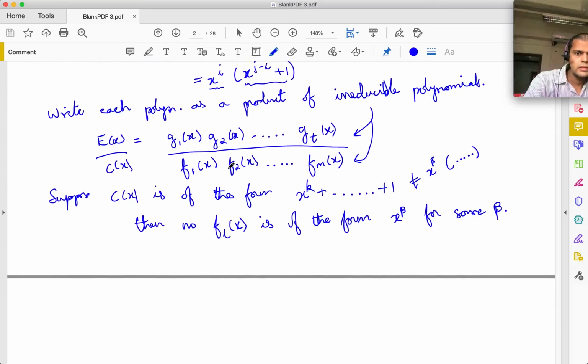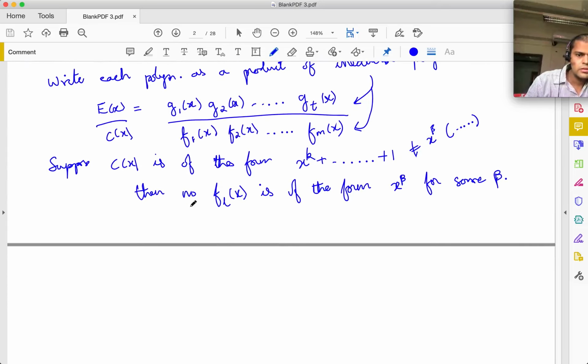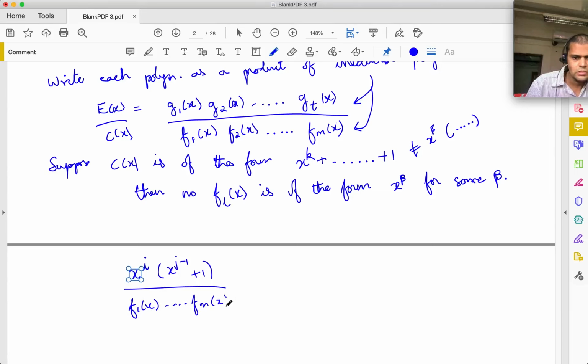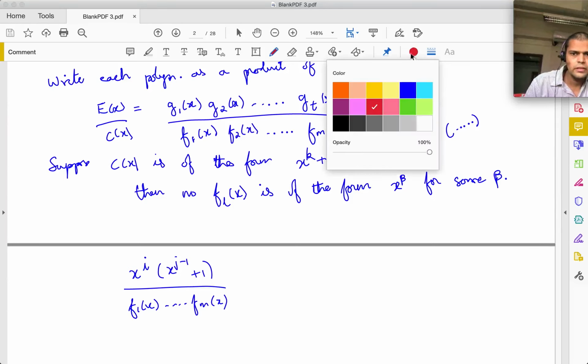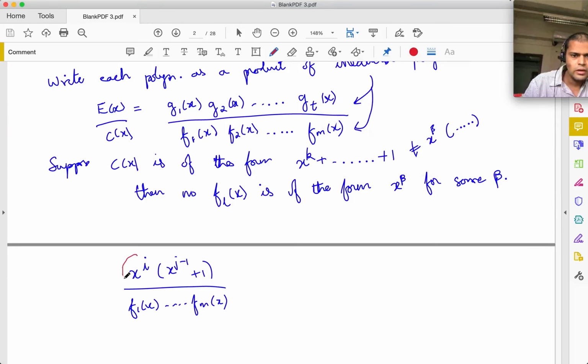When we take the ratio, when we take x to the power of I, x to the power of j minus 1 plus 1, and we are going to divide by c of x, which is f1 fx fm of x, these x to the power of I terms are not going to cancel with any of the terms here.